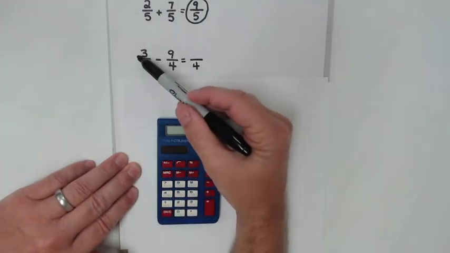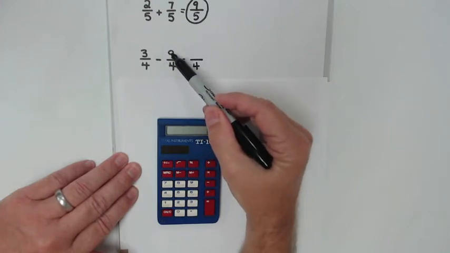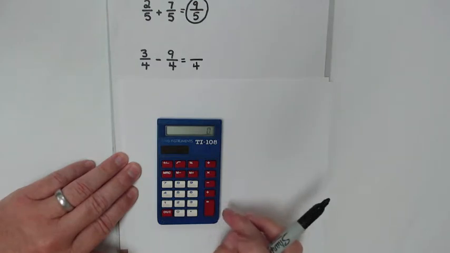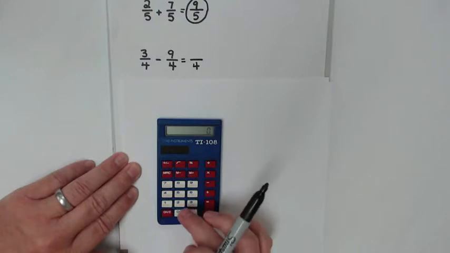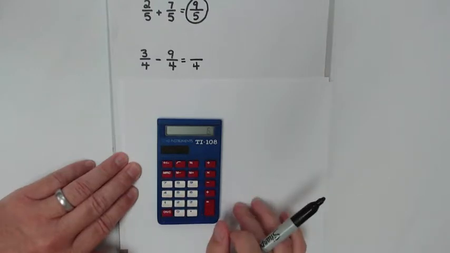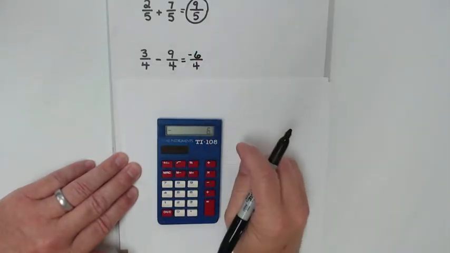This is a positive 3, and this negative sign goes with that 9. The signs are different. Since the signs are different, I subtract and take the sign of the bigger number. I can just type it in my calculator, 3 minus 9. -6.